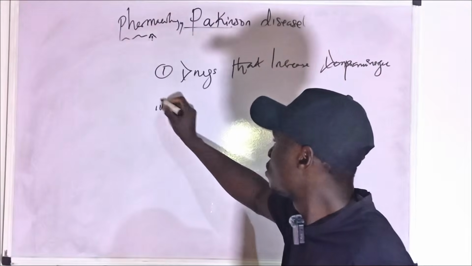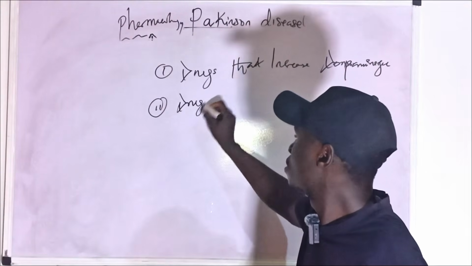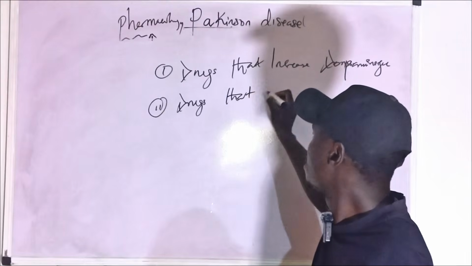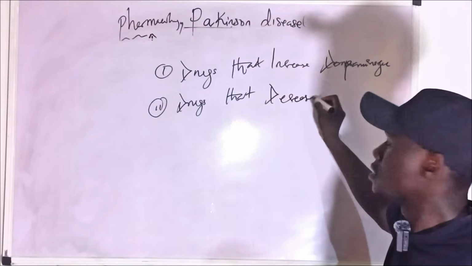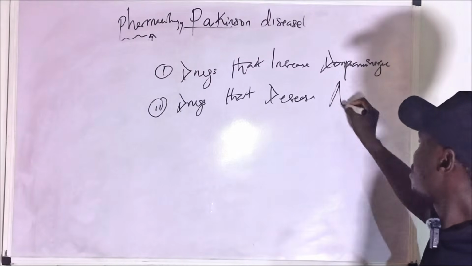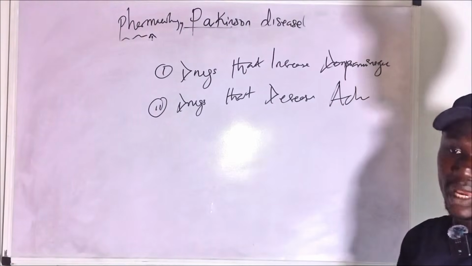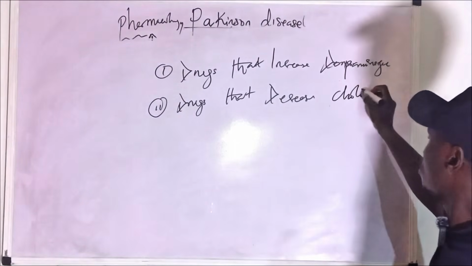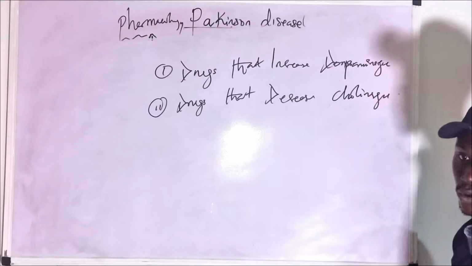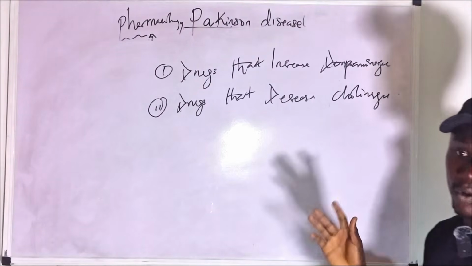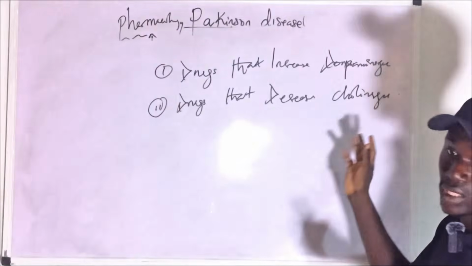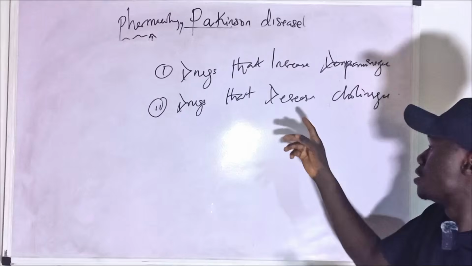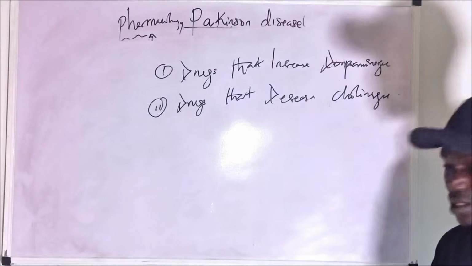And number two, drugs that decrease acetylcholine, or cholinergic activity. So these are the two main classes of drugs: the drugs that will increase dopaminergic activity, and the drugs that will decrease cholinergic activity.